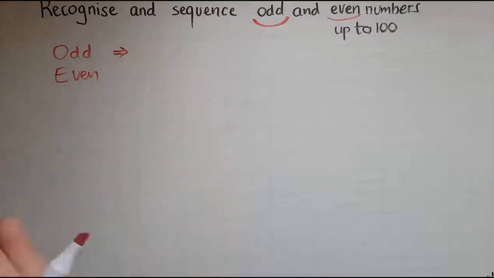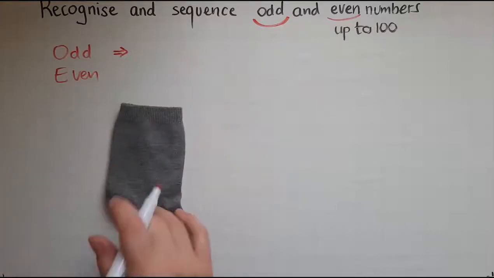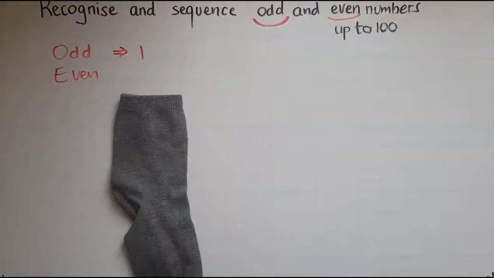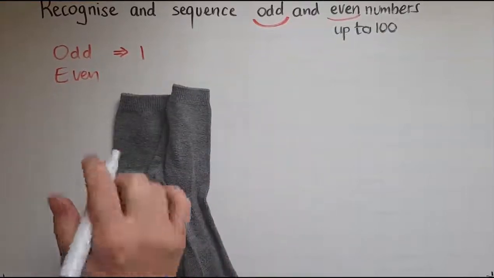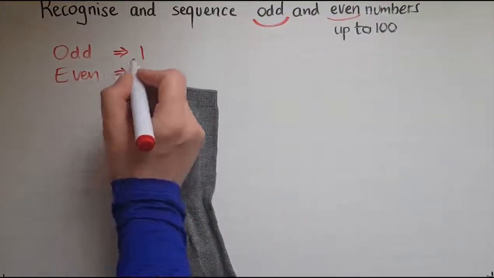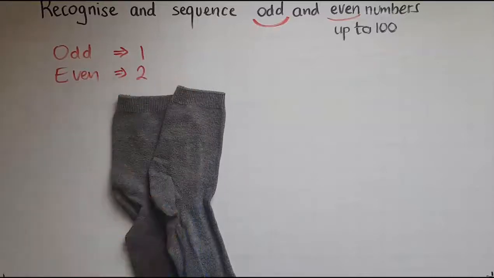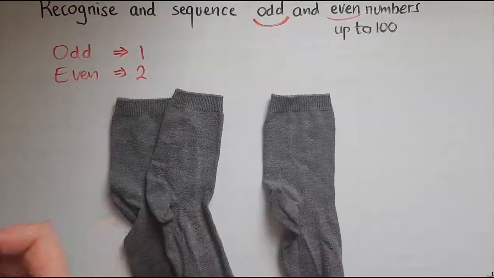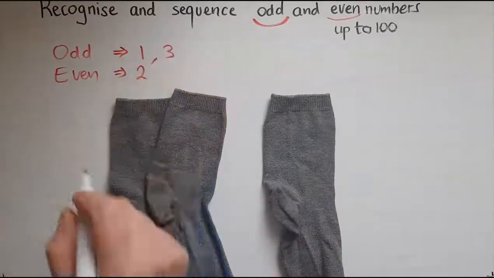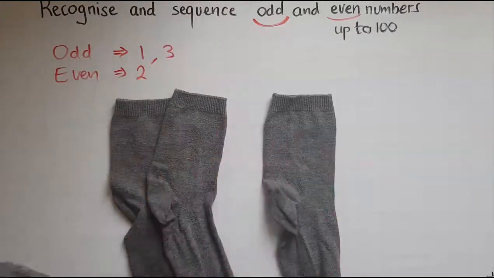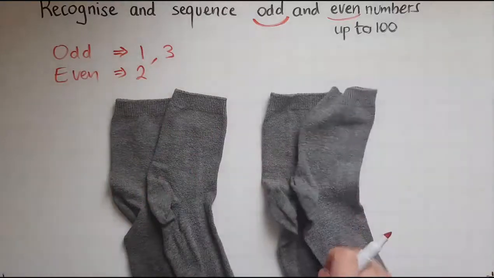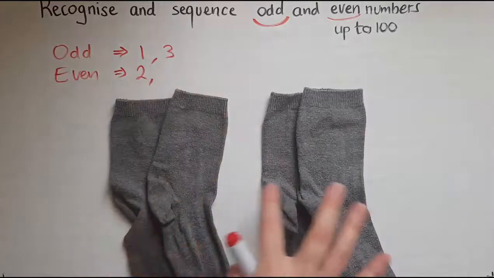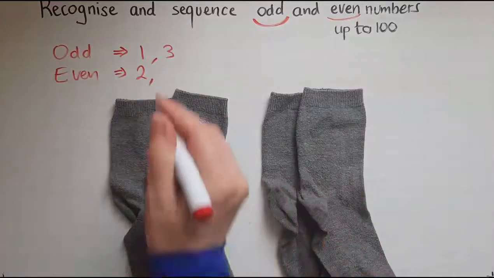So when we had just one, it was odd, but 2 socks made a pair, so there was nothing left. So 2 is an even number. Whereas 3 was odd again because we could make a pair, but there was a sock left. And 4 is even because we can exactly make pairs. We can make exactly 2 pairs.